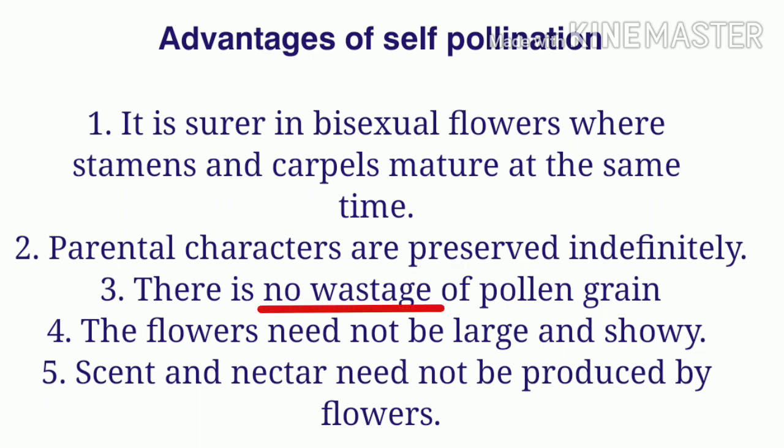There is no wastage of pollen grains, even a small quantity of pollen is sufficient. The flowers need not be large and showy, and scent and nectar need not be produced by the flowers. All these advantages mean great economy on the part of the plant.